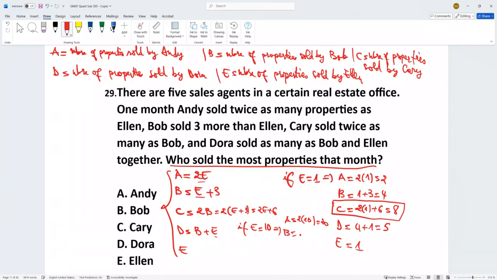B will be equal to 10 plus 3, which is 13. C will be equal to 2 times 10 plus 6, which is 26. And then D will be equal to 13 plus 10, which is 23.